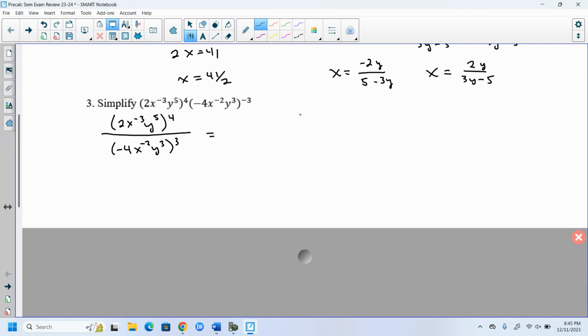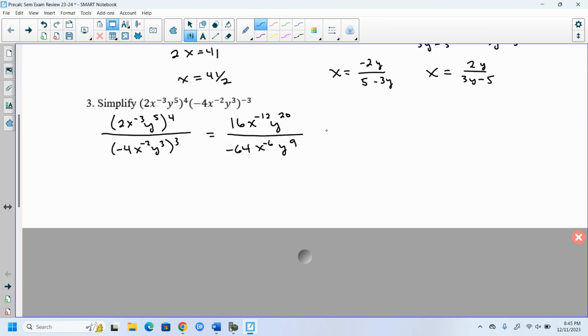You'll get fewer mistakes if you do it this way. 2 to the 4th power is 16. Now we multiply powers. x to the -12th, y to the 20th, -4 to the 3rd power, that is -64, x to the -6, y to the 9th.